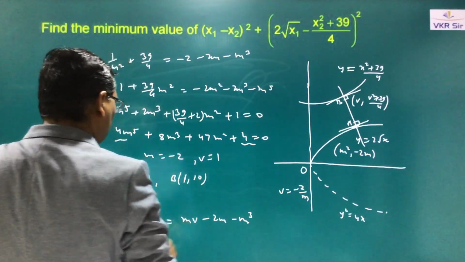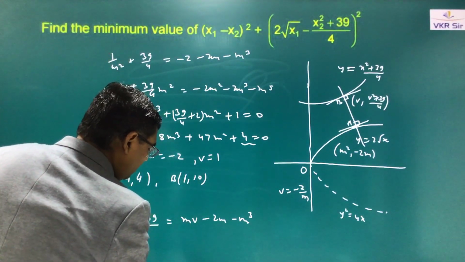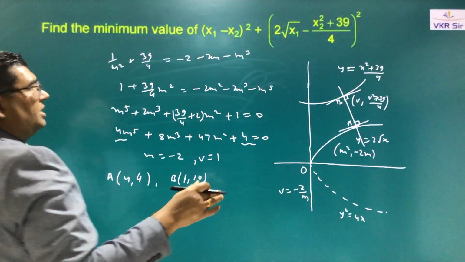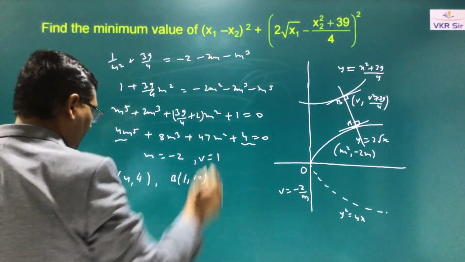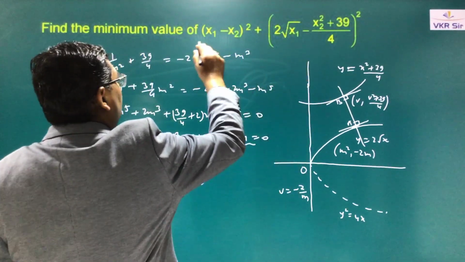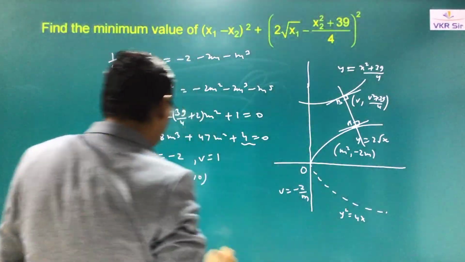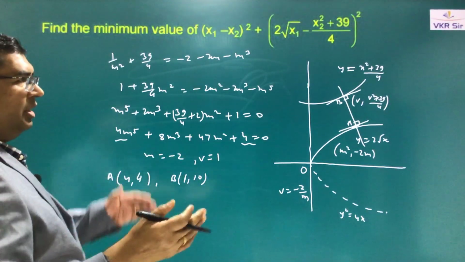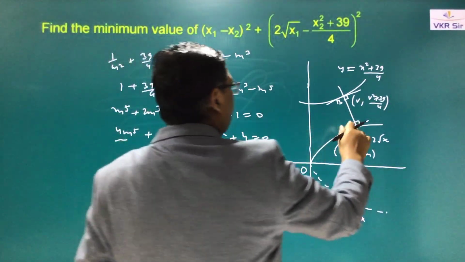All right. So for our case, we have understood that we are requiring not the shortest distance. This minimum value is actually in the form of distance square. So this is AB square. That means we have to find the minimum value of AB square. A is sitting on this curve and B is sitting on the other curve.